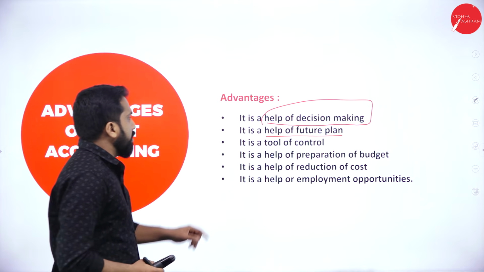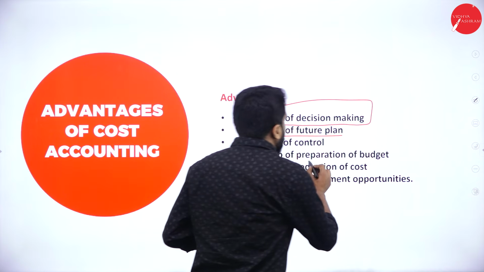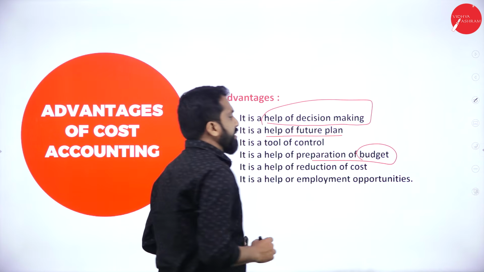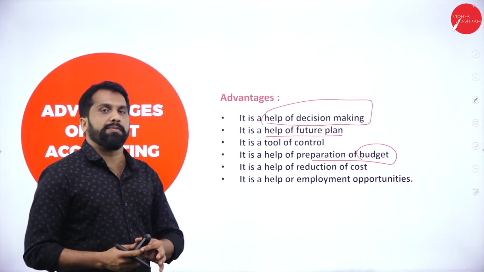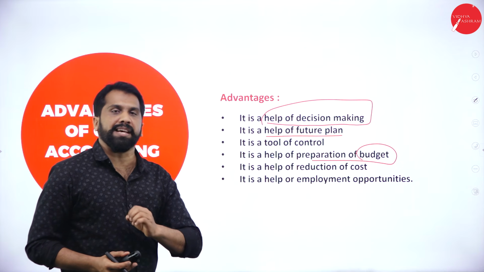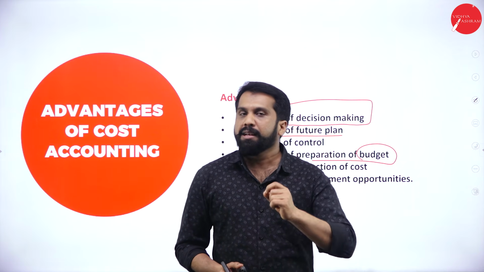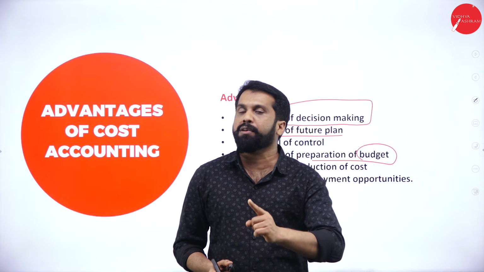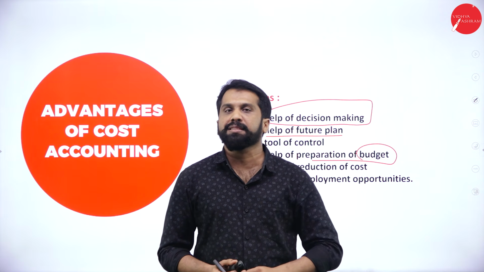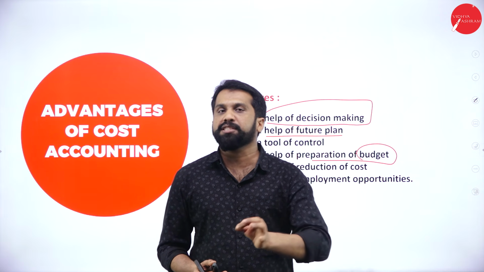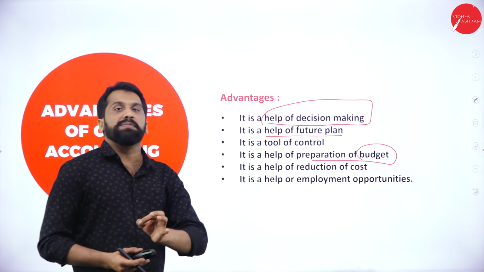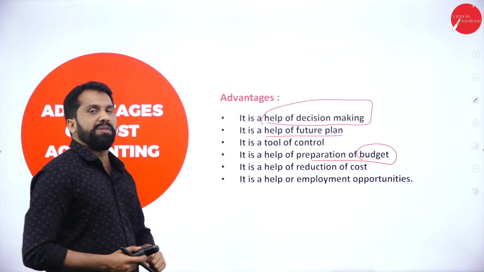Now, it helps in preparation of budget. What is a budget? Every year we get the state budget. Like our government, they prepare a budget for the next 1 year. Budget means planning for future expenses or keeping provisions for future expenses. That is called a budget.